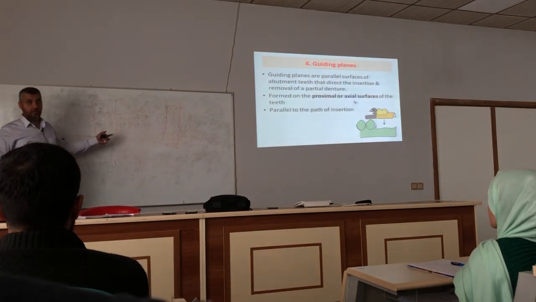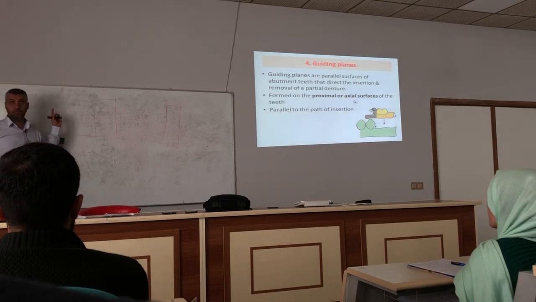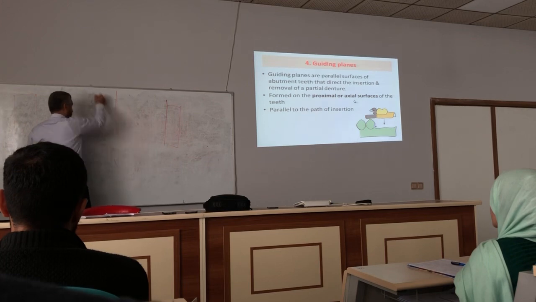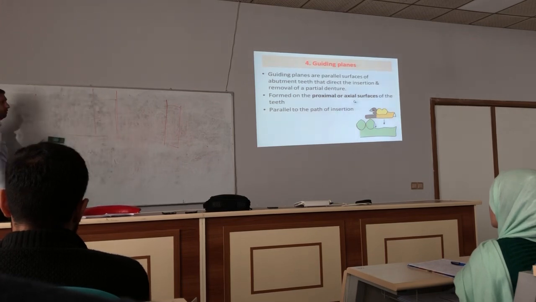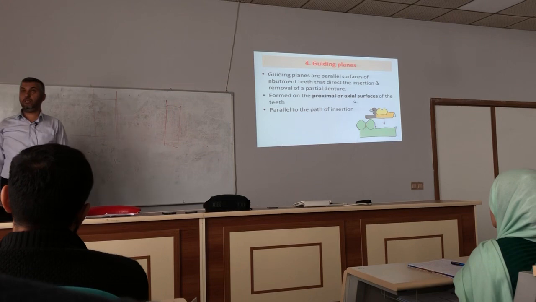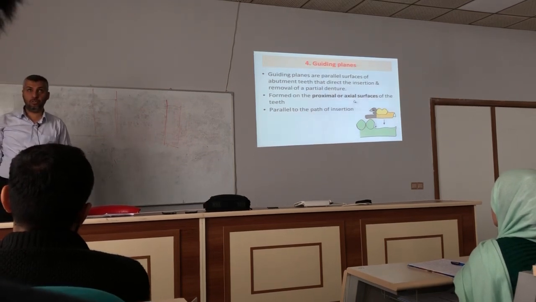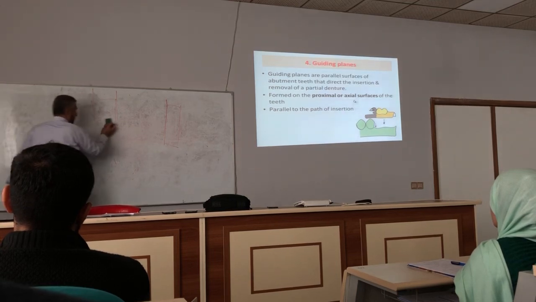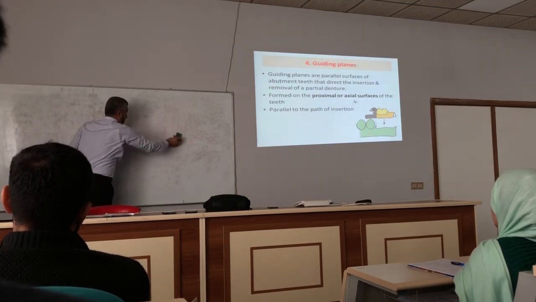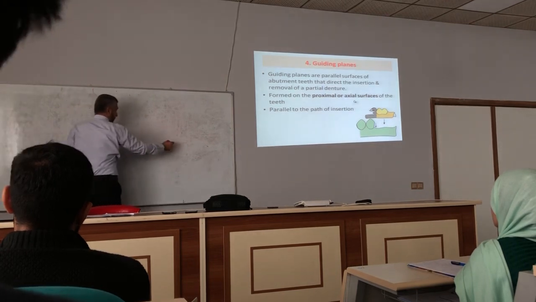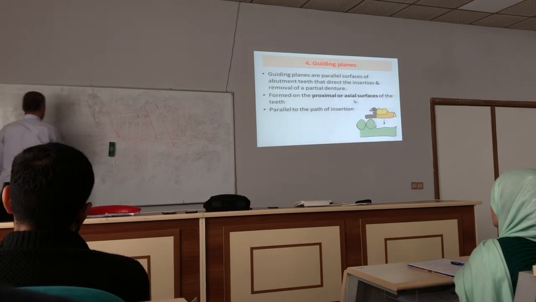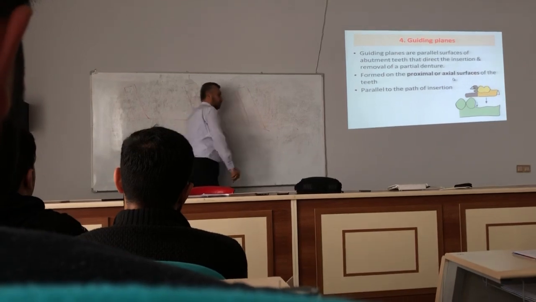The guiding plane in this diagram, the proximal surfaces, this 1, 2, 3, 4. This is the guiding plane. These are the parallel proximal surfaces. As we said in previous lectures, if the tooth was tilted, also 1, 2, 3, 4.